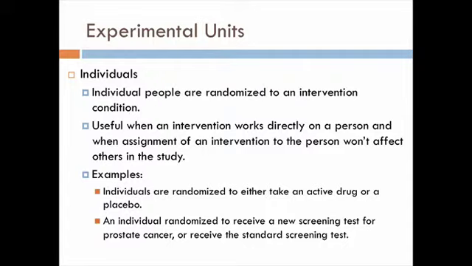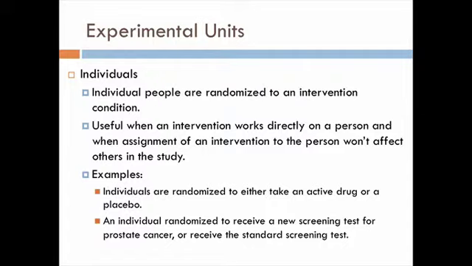And this, having the individual as the experimental unit, is useful when an intervention works directly on a person and when assignment of an intervention to a person won't affect others in the study. So the best example of this is in an RCT that's testing the effect of a new drug. So the idea is that when a group of individuals will be randomized, some will be randomized to take the drug and some will be randomized, say, to take a placebo or an inactive drug.